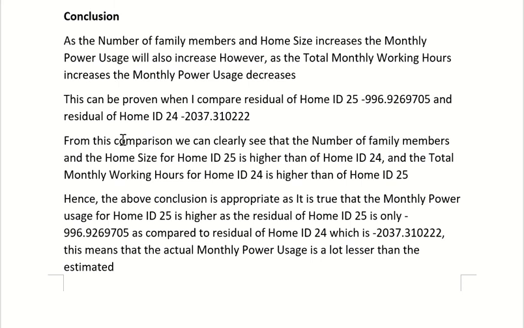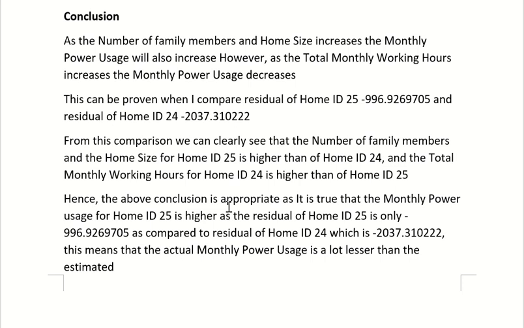And the total monthly working hours for home ID 24 is higher than that of home ID 25. Hence, the above conclusion is appropriate, and it is true that the monthly power usage for home ID 25 is higher, as the residual of home ID 25 is only negative 996, as compared to the residual of home ID 24, which is negative 2037.